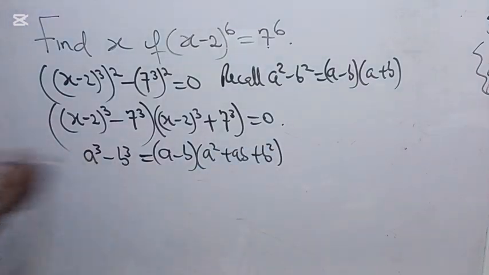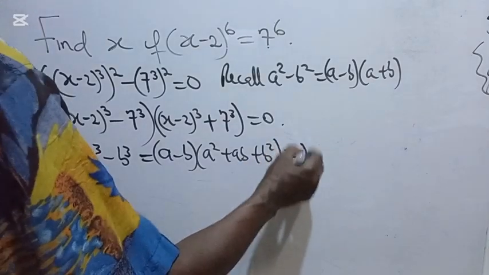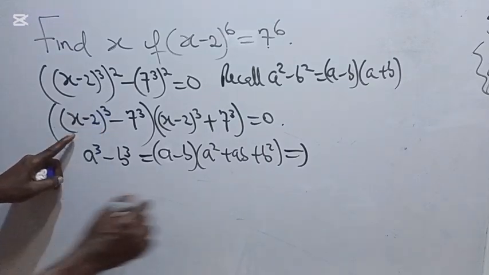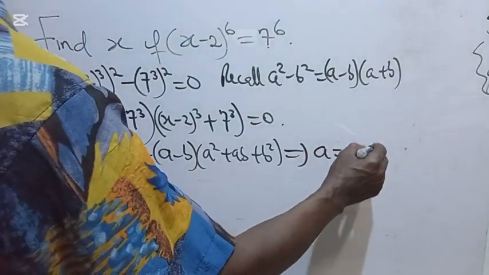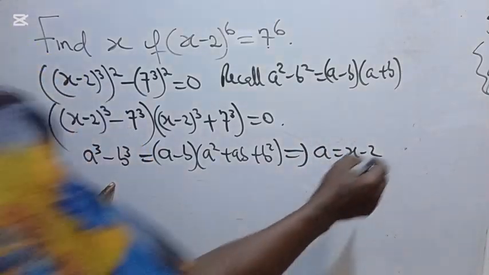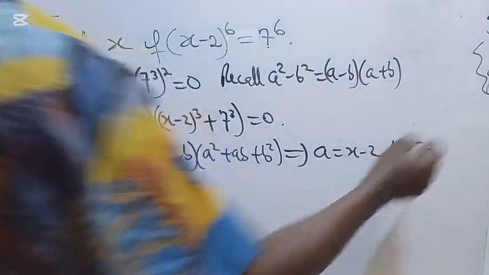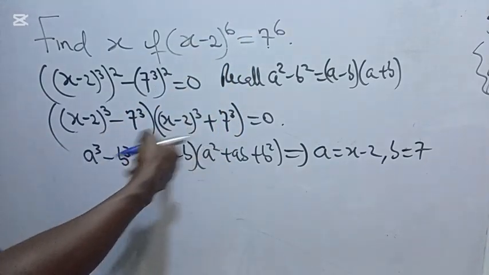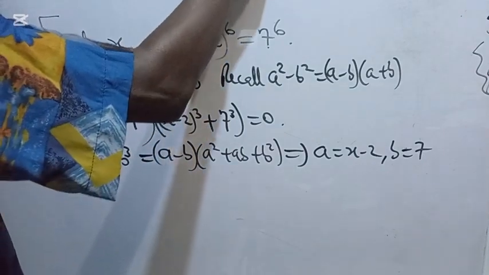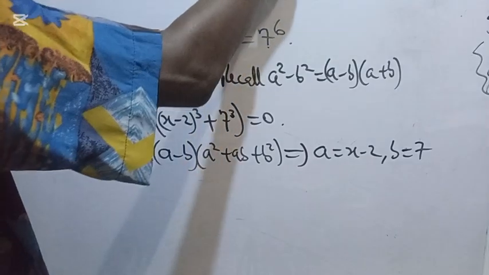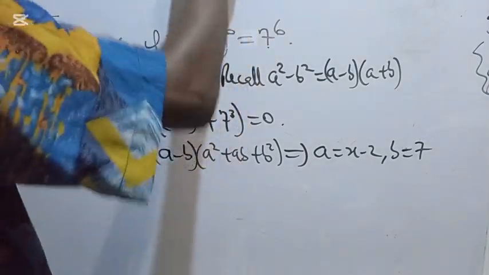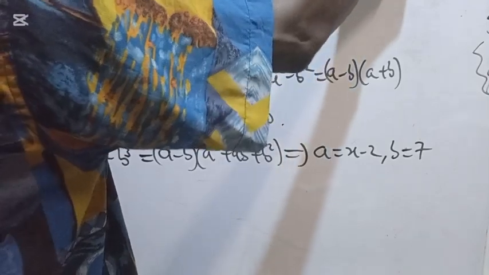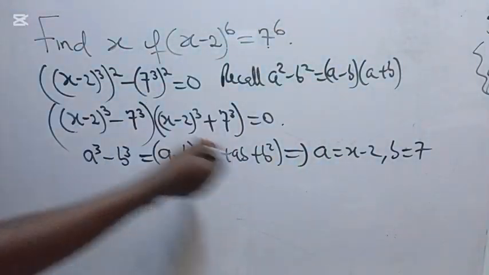If you compare this with this, comparing the exponents, a will be x minus 2 and your b is equal to 7. So let's write the answer somewhere so that we don't forget. We have (x minus 2) raised to power 3 minus 7 raised to power 3, into brackets (x minus 2) raised to power 3 plus 7 raised to power 3, equals 0. So we have put this somewhere.